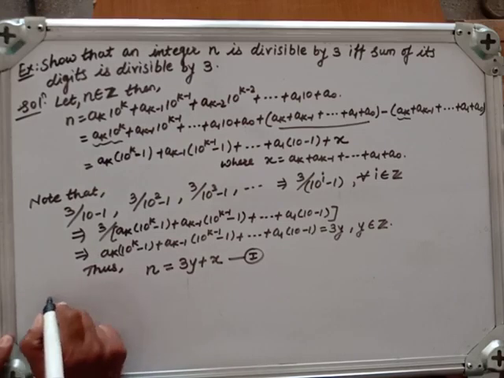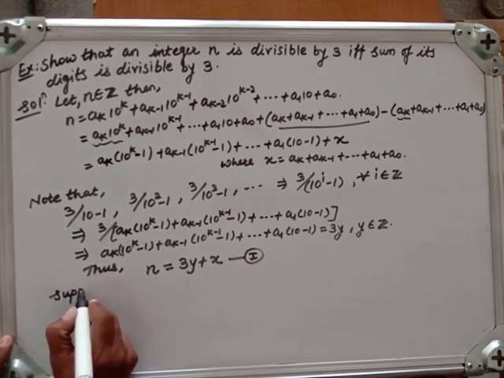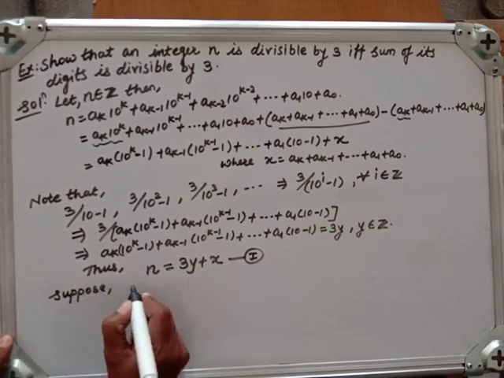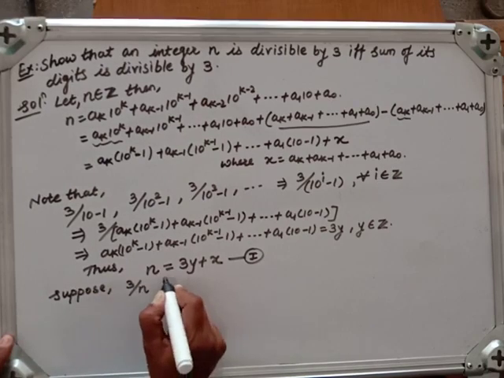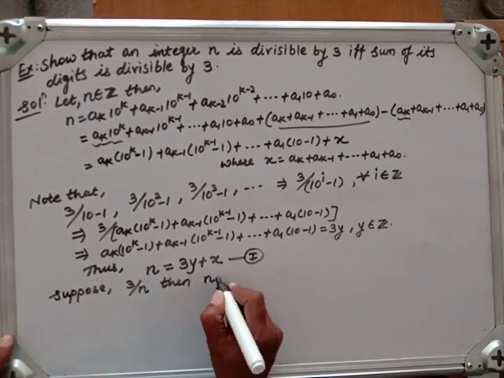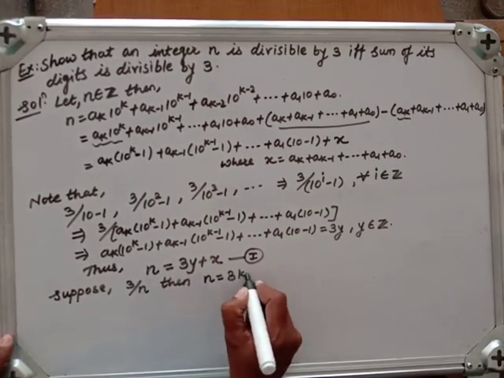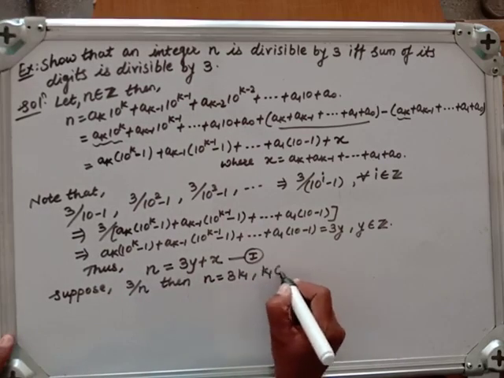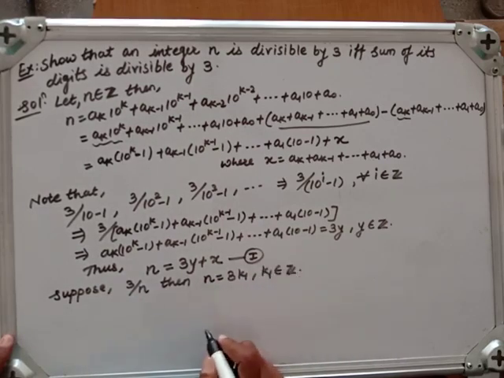Now just like the previous one, suppose 3 divides n, then our aim is to prove 3 divides this x also. If 3 divides n, then n is equal to 3k1, where k1 belongs to the set of integers.